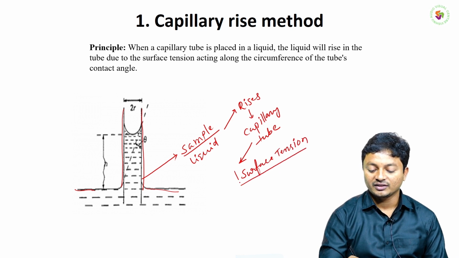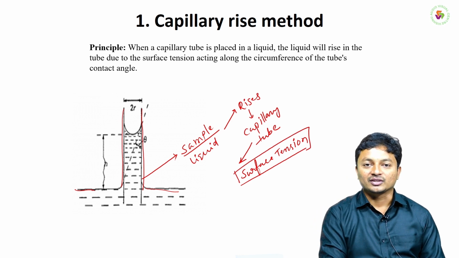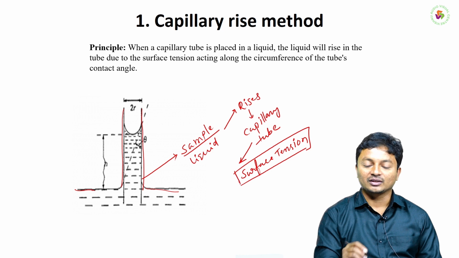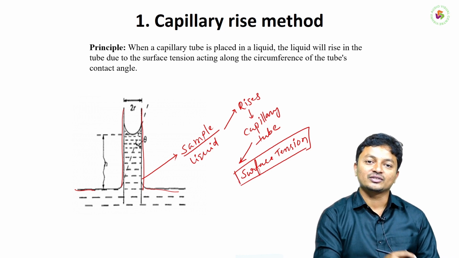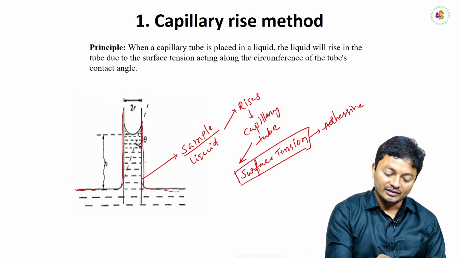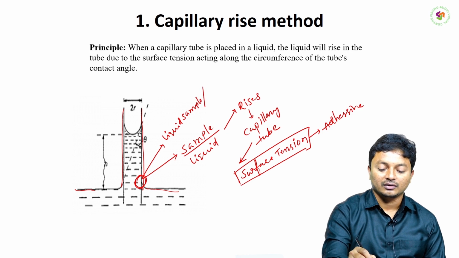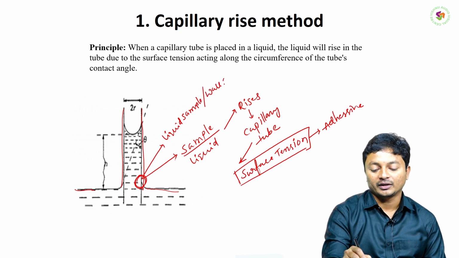As we discussed in the previous lectures, surface tension happens because of the adhesive forces. Here the adhesive force acts between the liquid sample and the wall of the capillary tube.